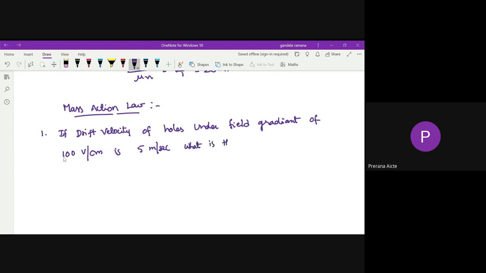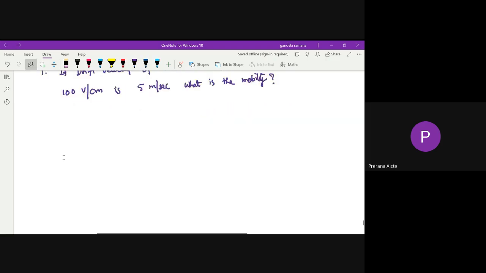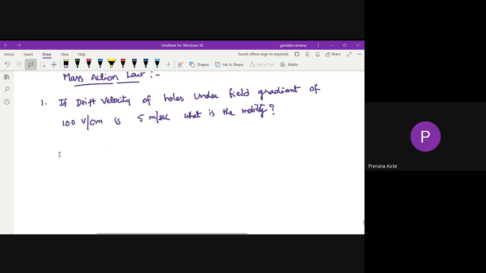So what is the mobility? What is the given data? The electric field is how much?